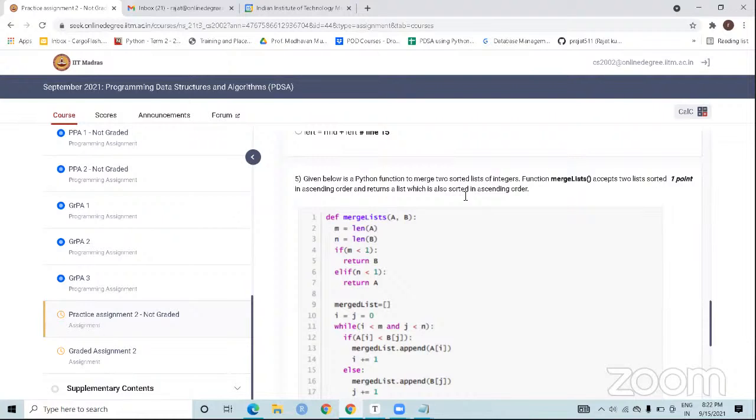So for merging the two lists, suppose we have list one. Okay, let me draw there.